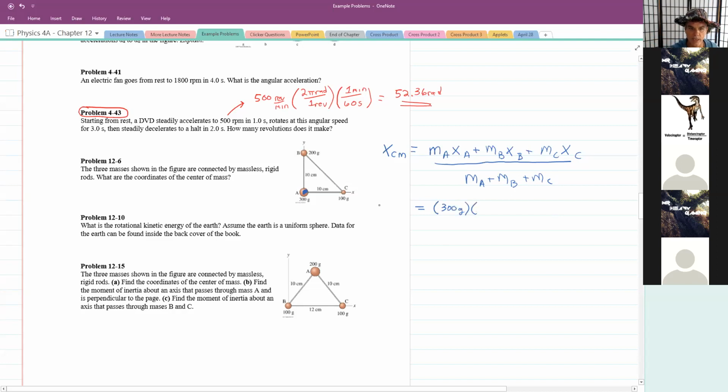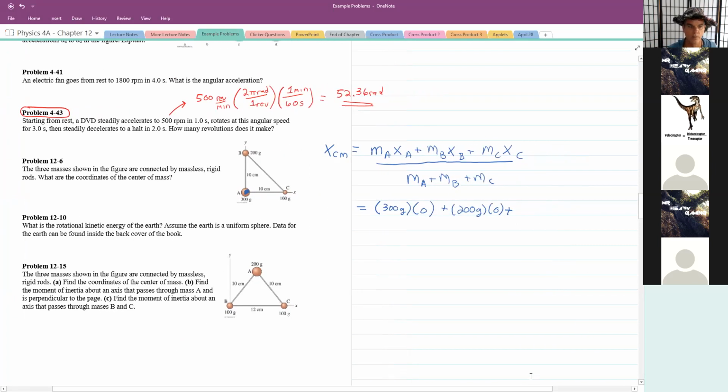The position of A, since my origin is here, is just 0, plus the mass of B, which is 200 grams, with an X position of 0 also, plus the mass of C, which is 100 grams, times X position, which is 10 centimeters. Then I'm dividing by the sum of the masses: 300 grams plus 200 grams plus 100 grams.